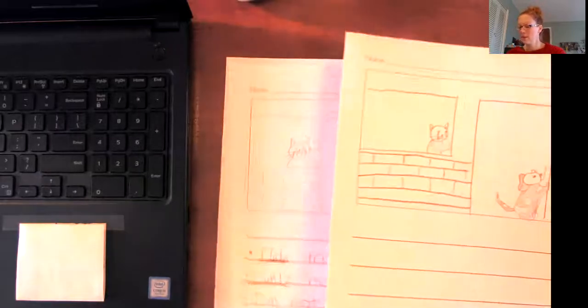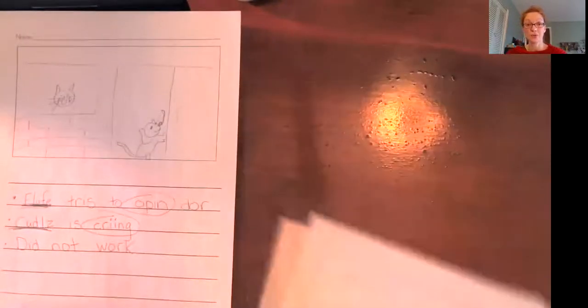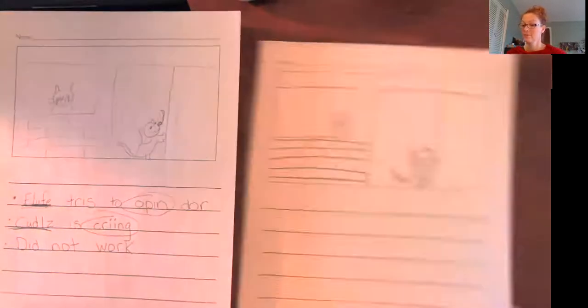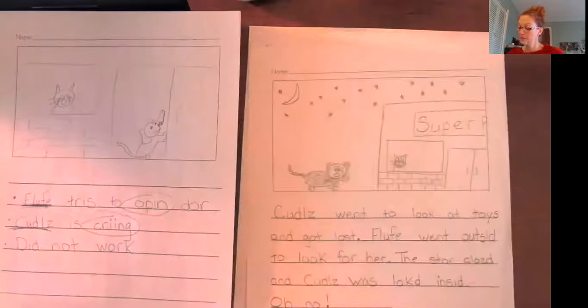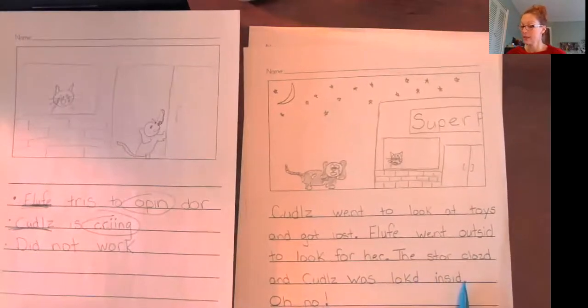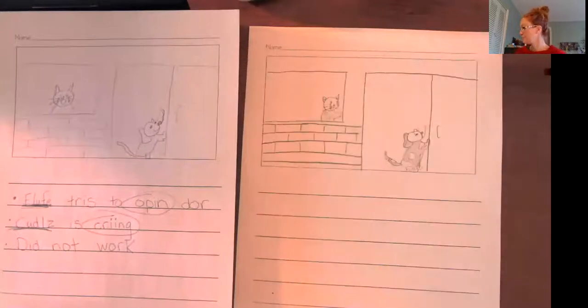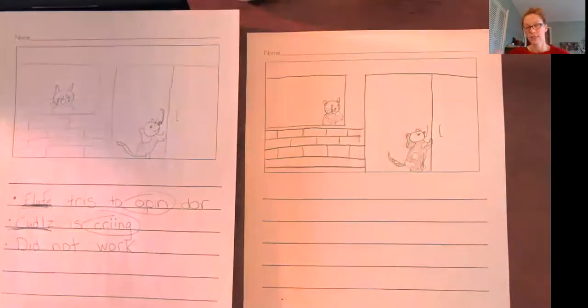Okay, so I need this because I need to use it to write my sentence. So the last line on my problem page was, the store closed and Cuddles was locked inside. Oh no. So what did Fluffy do? Fluffy, let's think, what did Fluffy do?